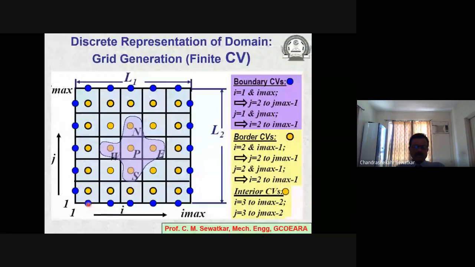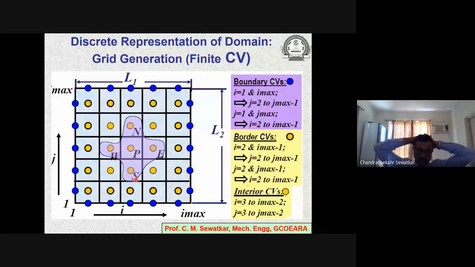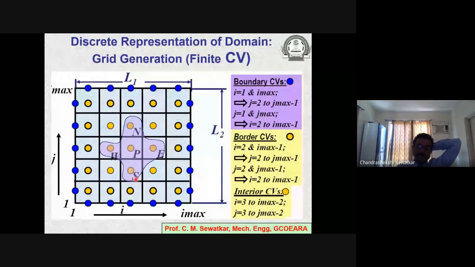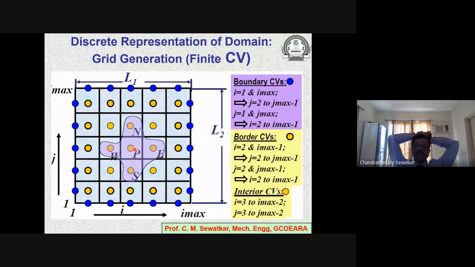When I come to this point, this is unknown, this is unknown, this is unknown, but this is known. Similarly, at this point in the same fashion, all of these are unknown. Even Tp at the n plus 1 level is also unknown. Only known is Tp at the nth level.